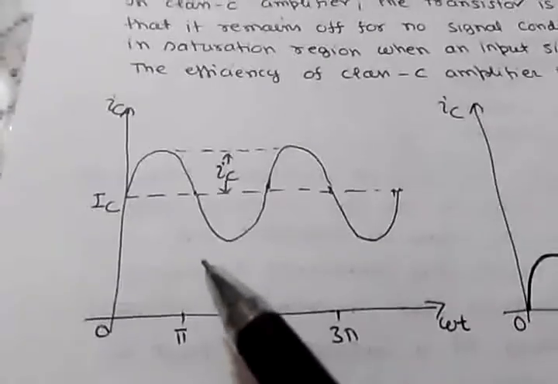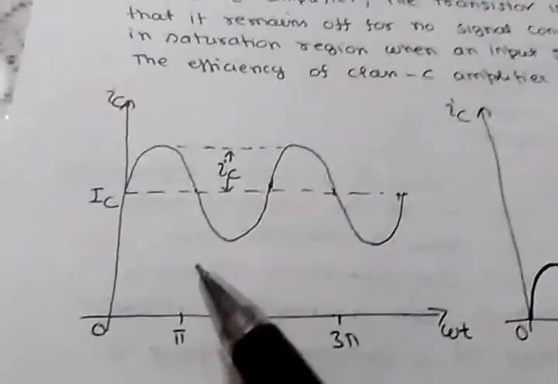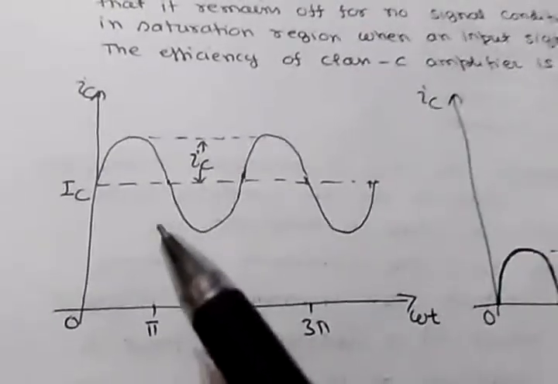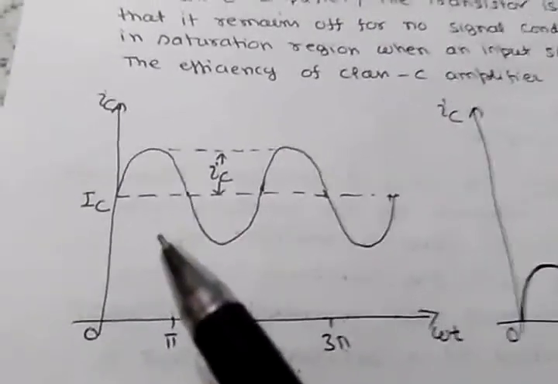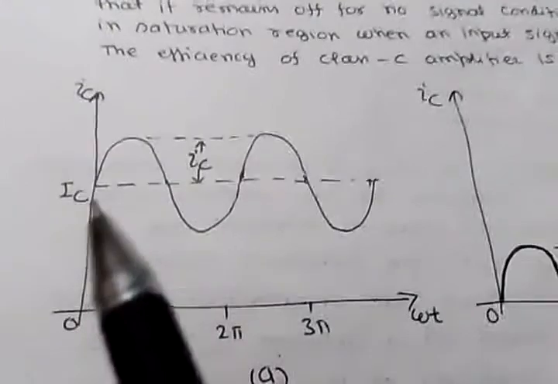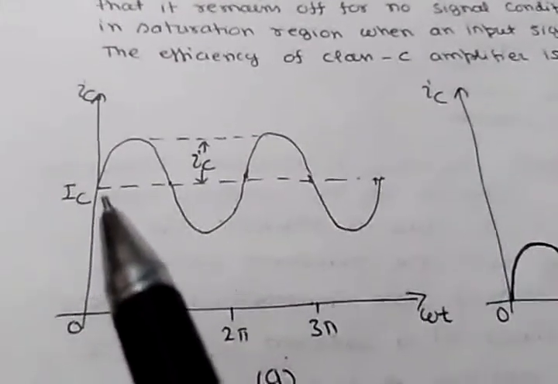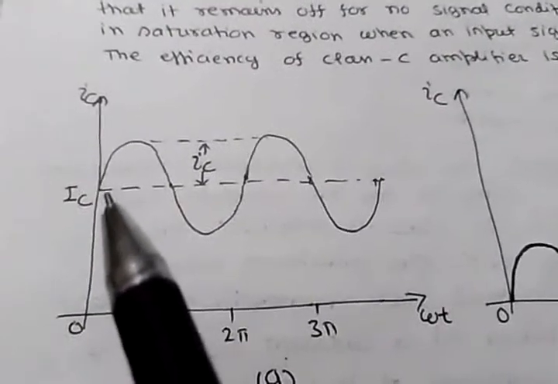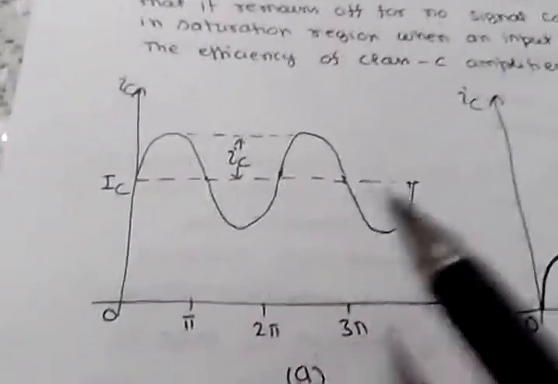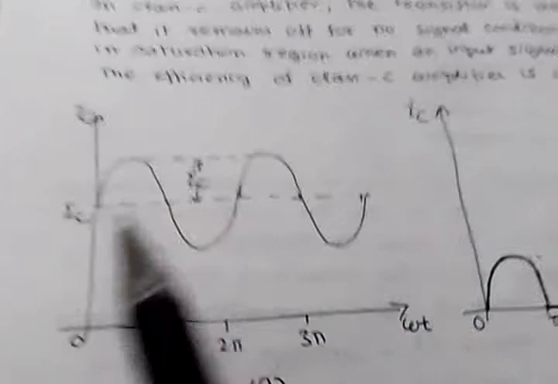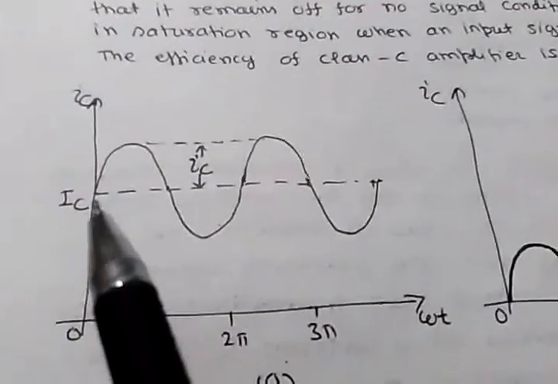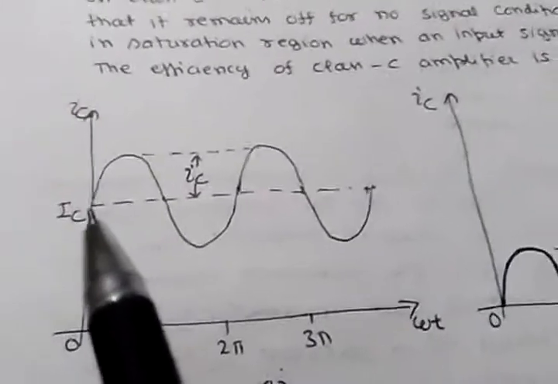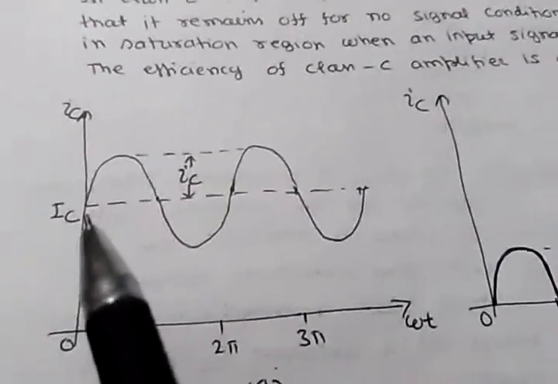This figure shows the collector current of class A amplifier. In this collector current, there are 2 components. First is capital IC. This is the zero signal collector current. The dotted line shows the zero signal collector current. This is the DC collector current due to the biasing of the class A amplifier.